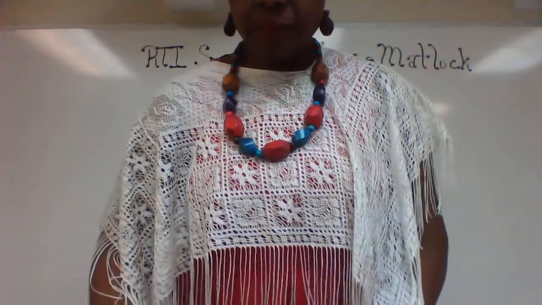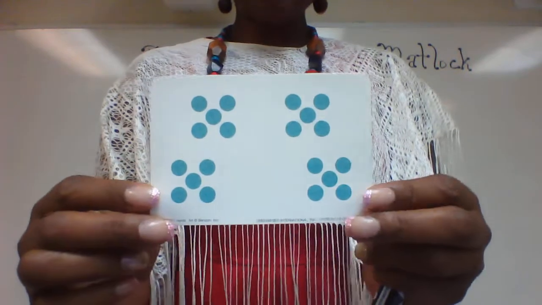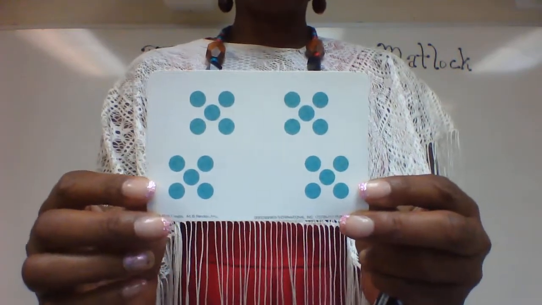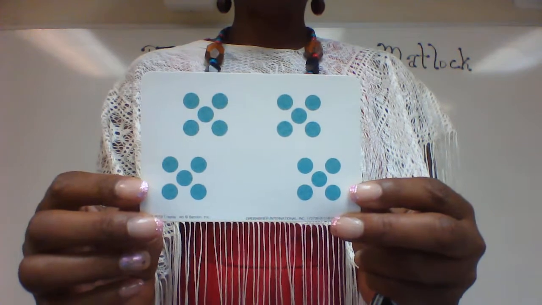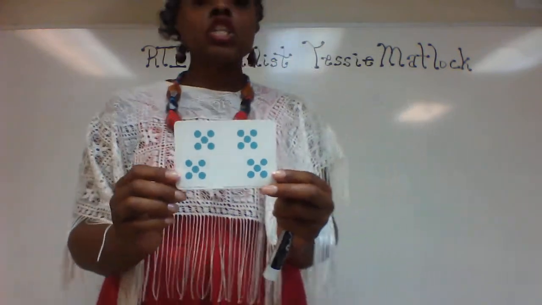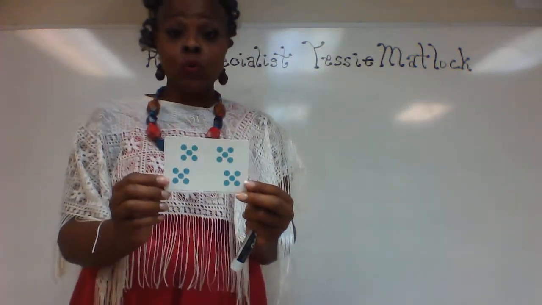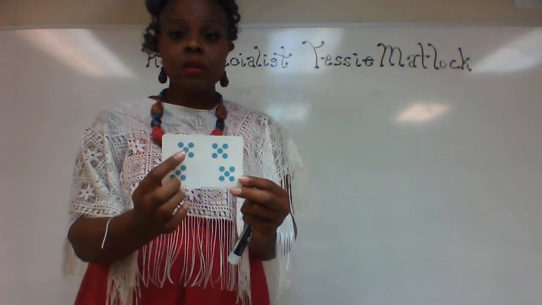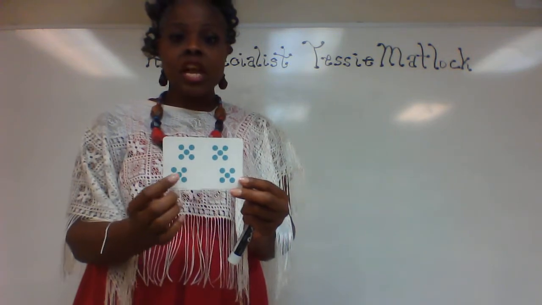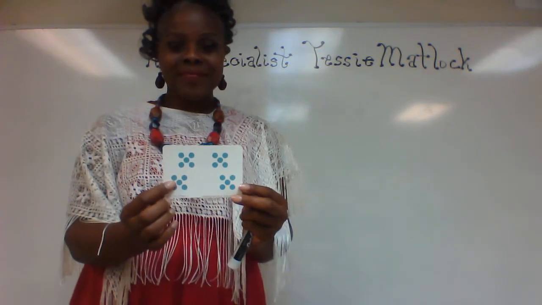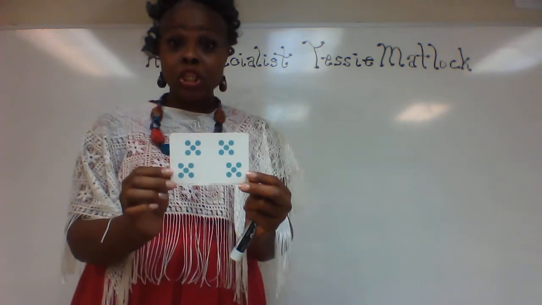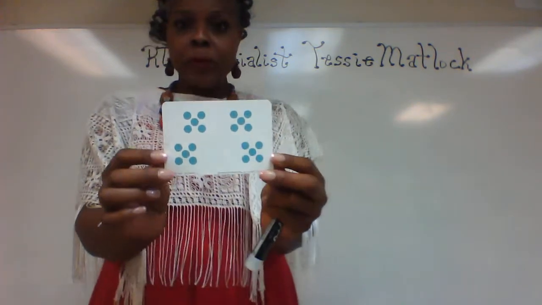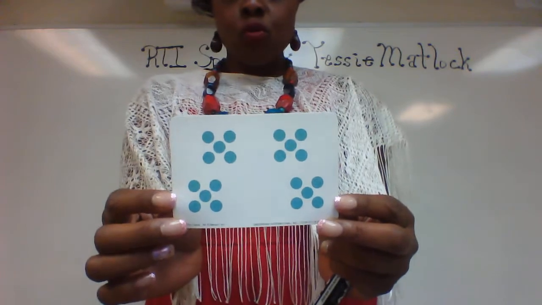We see how many groups of 5. Awesome. I heard you say 4 groups of 5. 1, 2, 3, 4. Write your multiplication number sentence to represent 4 groups of 5.